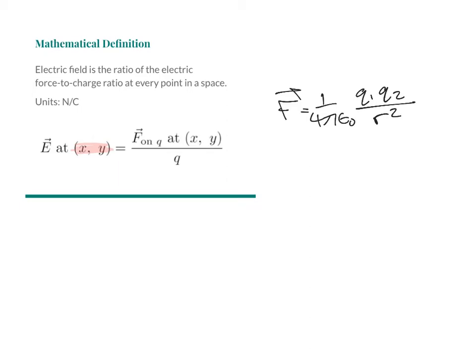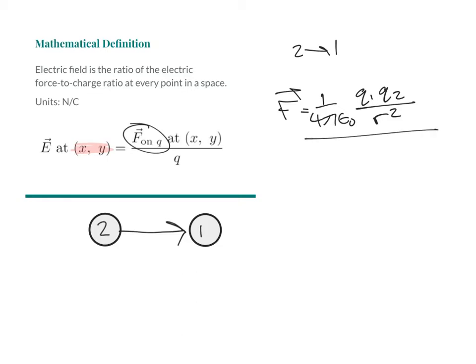If you take that force, which is the force on some particle, we'll say it's the force of particle 2 on particle 1, then the electric field on charge 1 due to charge 2 is this whole thing divided by charge 1. So the charge 1's cancel, and the electric field is merely 1 over 4 pi epsilon naught Q2 over R squared.